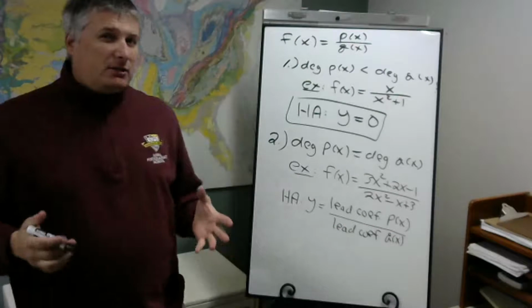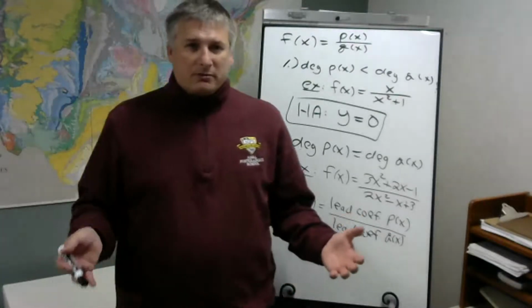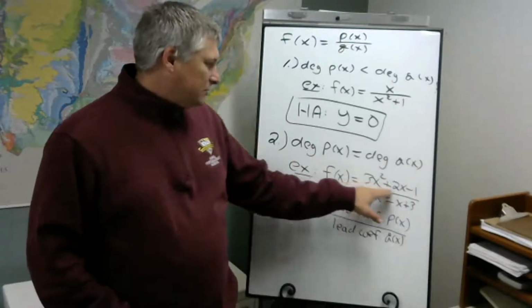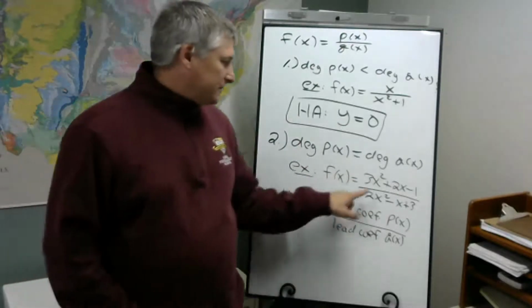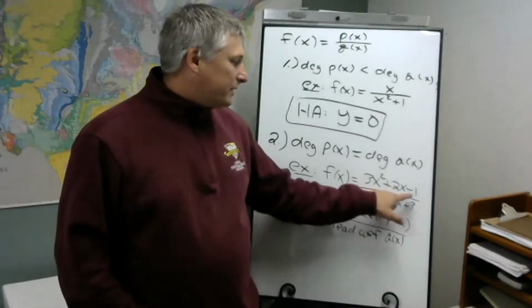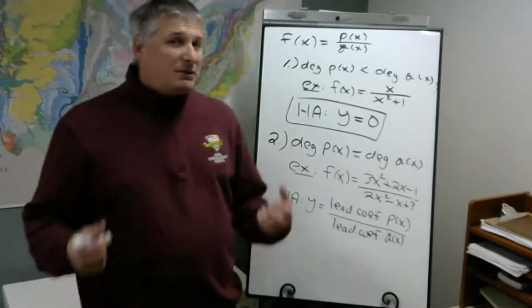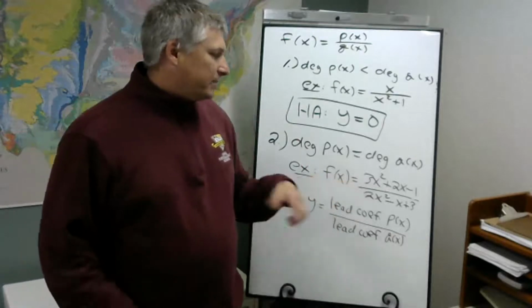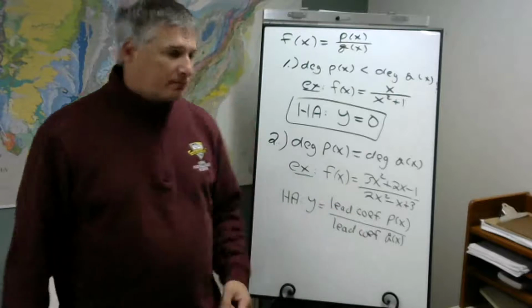Now remember what the lead coefficient is. Polynomials are sums and differences of terms. Like we have 1, 2, 3 terms. And each term has its own degree. This is a degree 2, this is a degree 1, and that's a degree 0. The lead term has the highest degree. So 3x squared, because it has a degree 2, this would be the lead term for this polynomial.